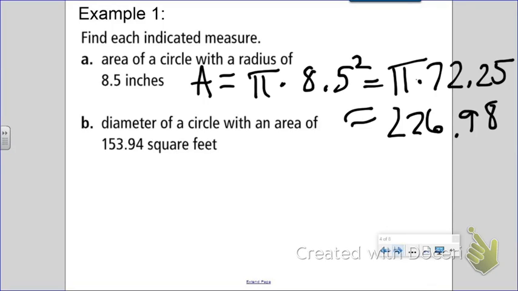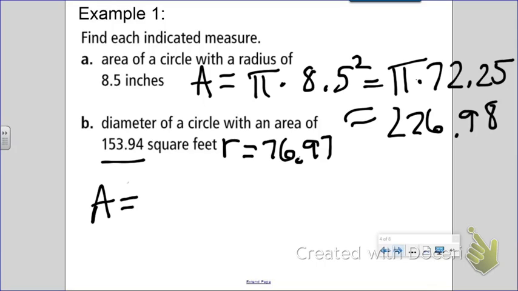In our next example, diameter is given. So we're going to take the radius as half the diameter. So 153.94 divided by 2 will give us the radius, which is 76.97. Then we're going to find the area of the circle, which is pi times radius squared.